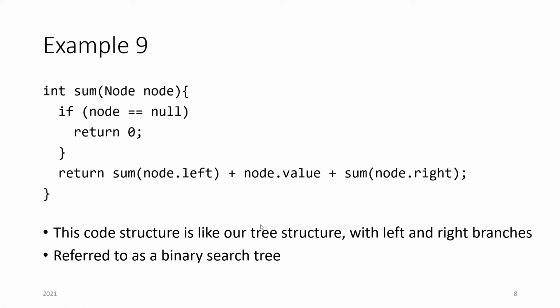In this particular code that we're dealing with, we see that we have two recursive calls, which is going to be return sum node.left plus the node value plus sum node.right. And these sum function calls are going to be recursively called in regards to this summation function that we have here.